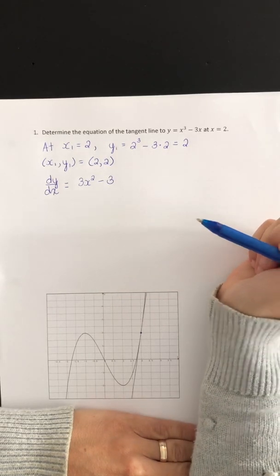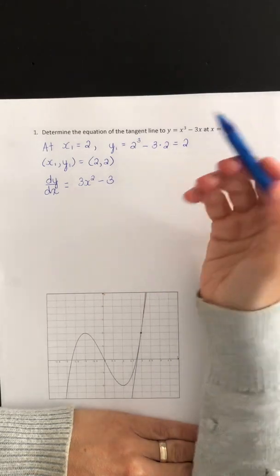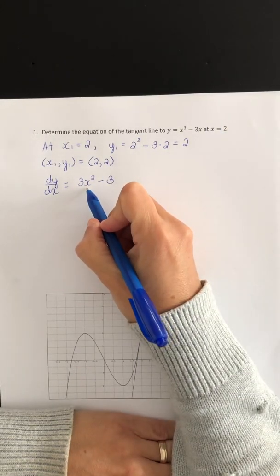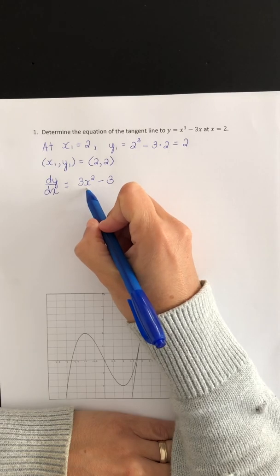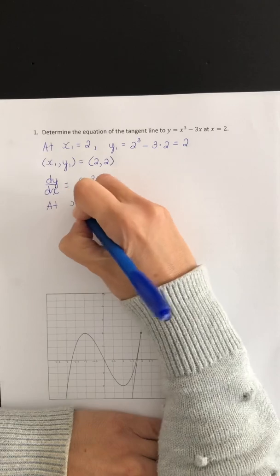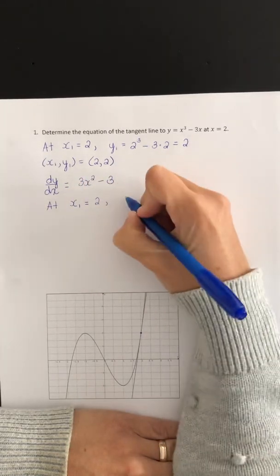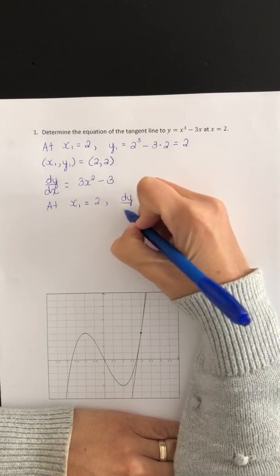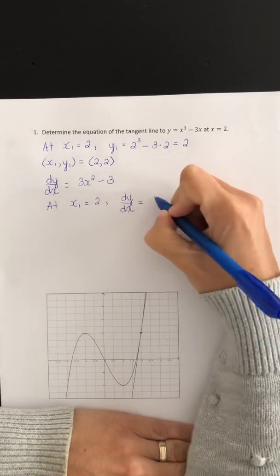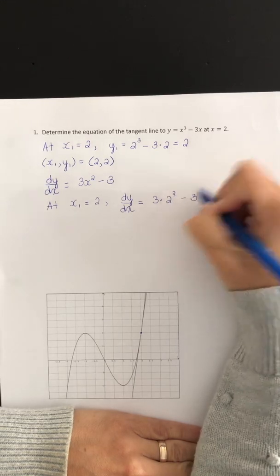If we want to know the slope of the tangent line at this point, well, once again, we're going to substitute that same x value given here. Okay, so we can say when the x1 value is 2, we arrive at dy by dx is 3 times 2 squared minus 3.